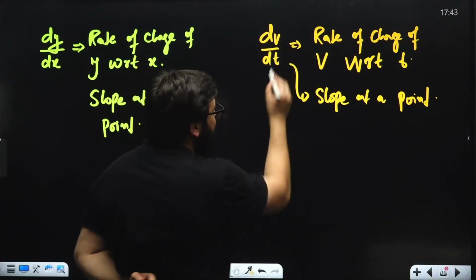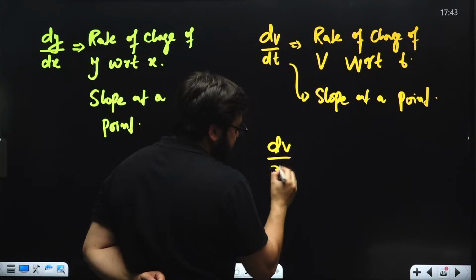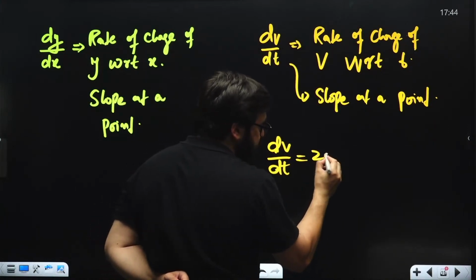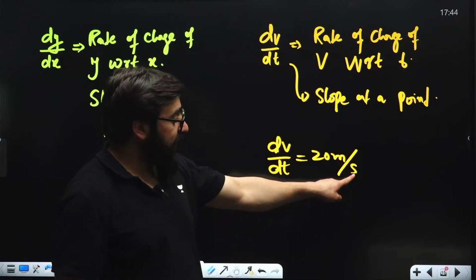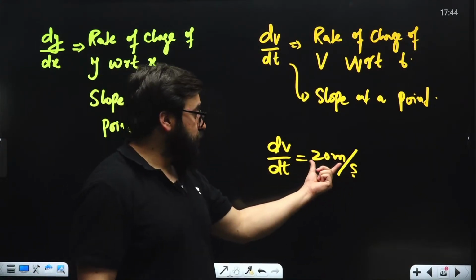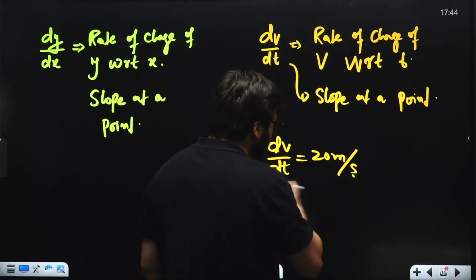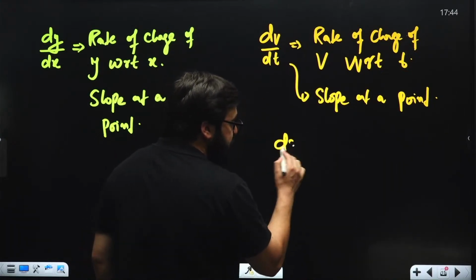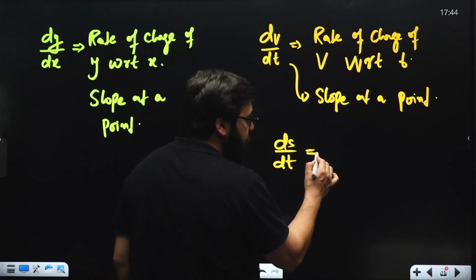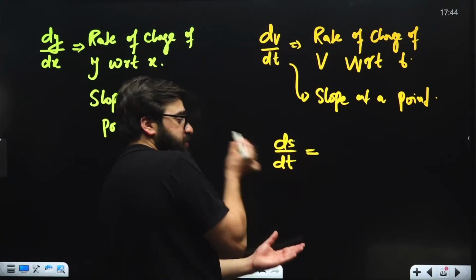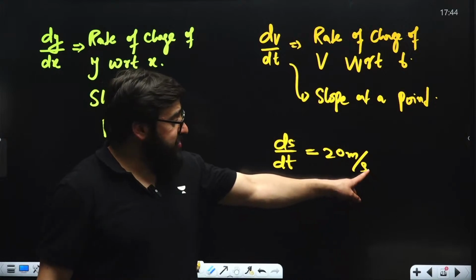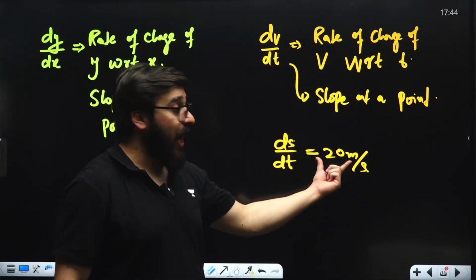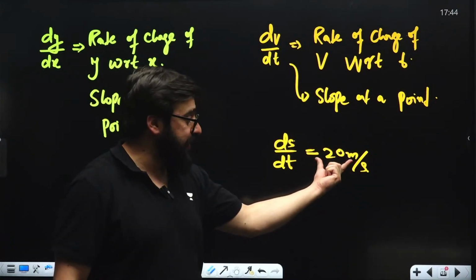How fast velocity is changing with respect to time. Like if dv by dt is, let's suppose, 20 meter per second, what does it mean? Or you write it like this: let's suppose ds by dt is equal to 20 meter per second. This is the rate of change of displacement with time. It means every second the body is covering 20 meter of displacement.